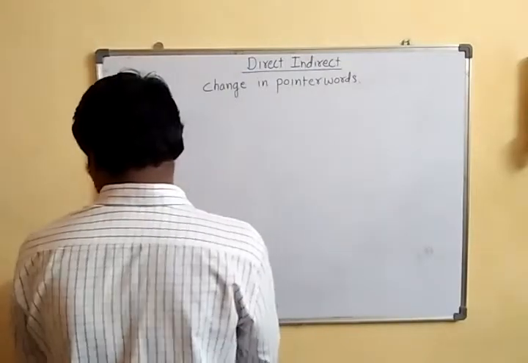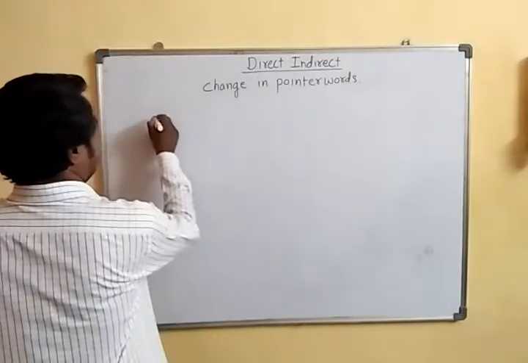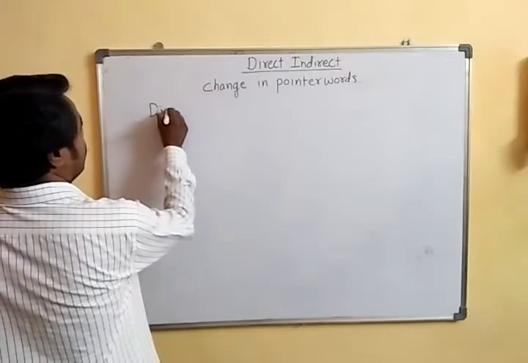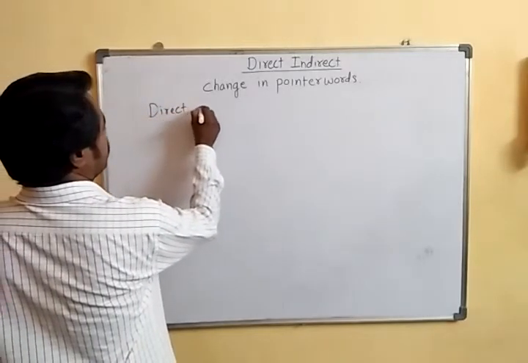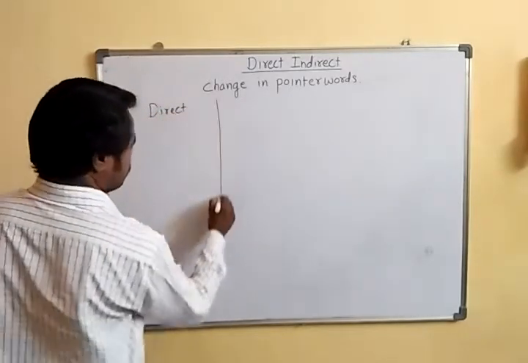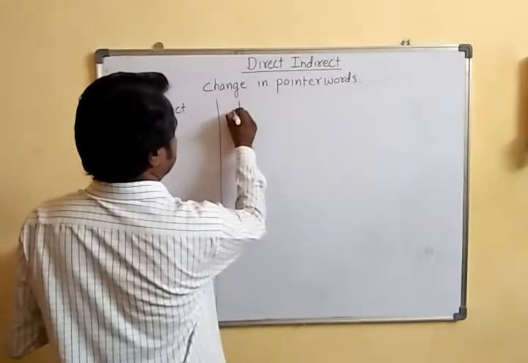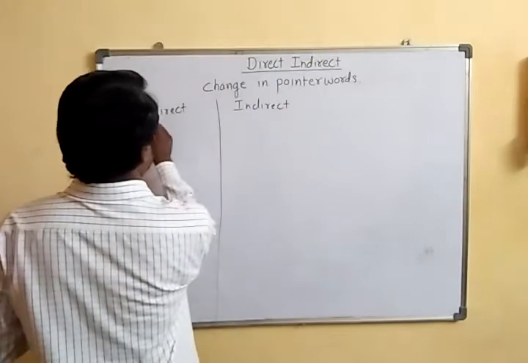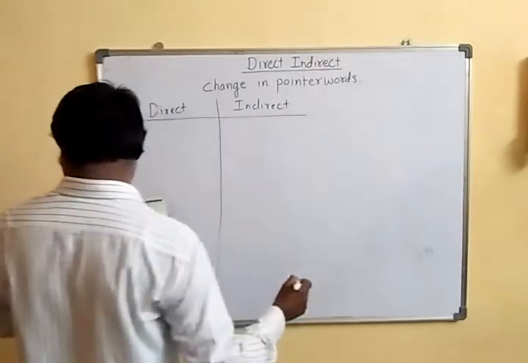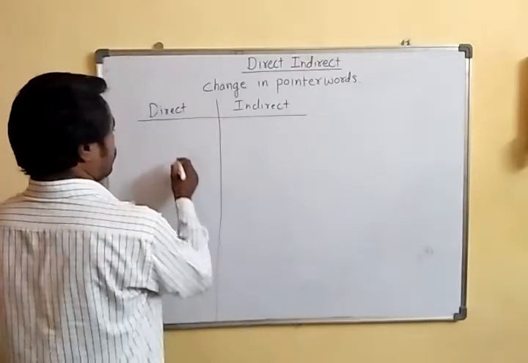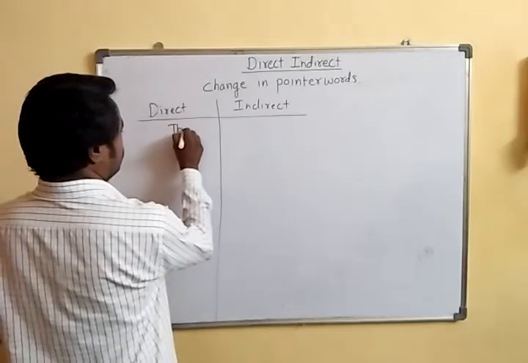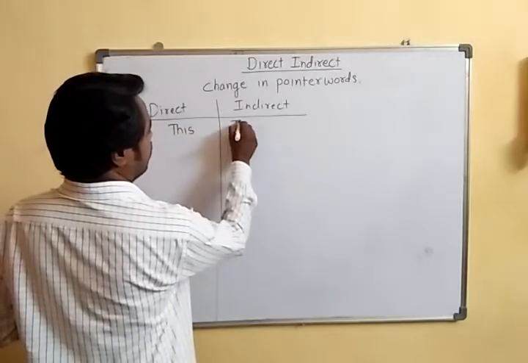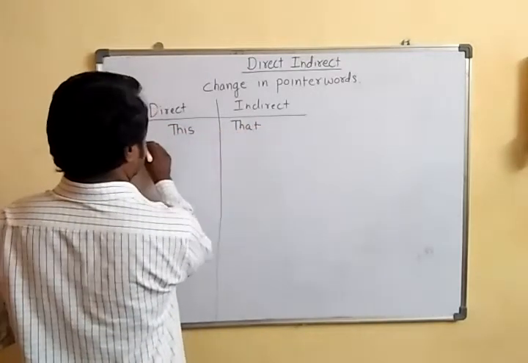Again you have to make a chart for direct. See, in direct speech, and here you can say indirect. In direct, suppose if we are using this, in indirect it will become that.